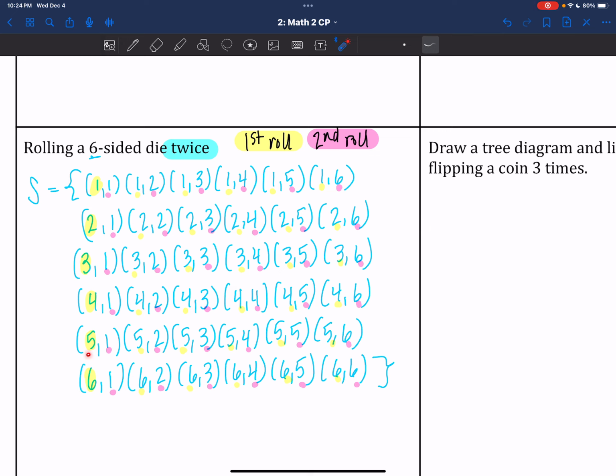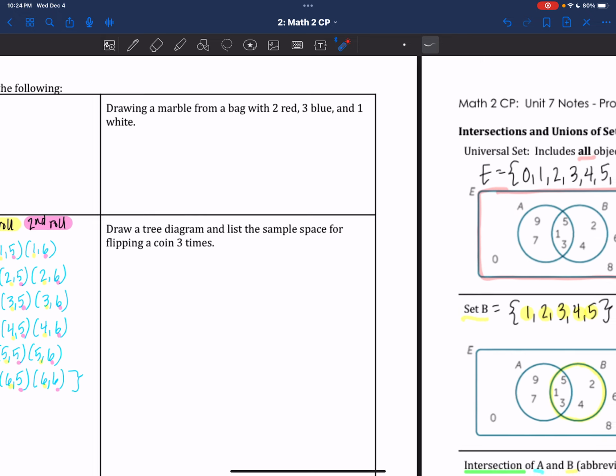If I would have rolled a 5 the first time, then your second die could be a 1, 2, 3, 4, 5, or 6. It's best to keep all of these options organized, so that way you understand how many total outcomes there are.